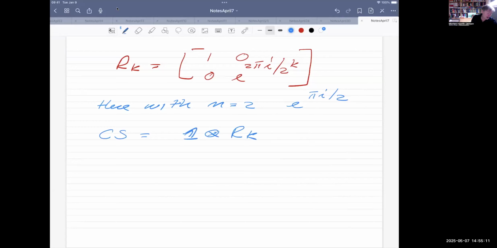So that specific matrix is going to look as follows in our case. So that will look like 1, 0, 0, 1, and then we have 0, 0, 0, 0, 0, 0, 0, and then we are going to have a 1 here, 0, 0, and then we will have, in our specific case, pi i divided by 2 here.